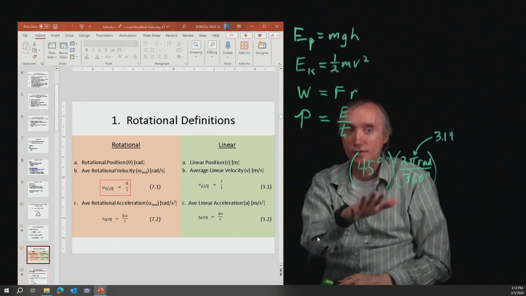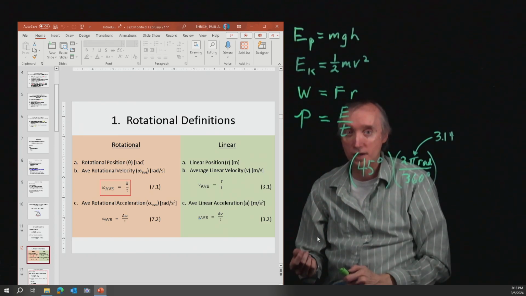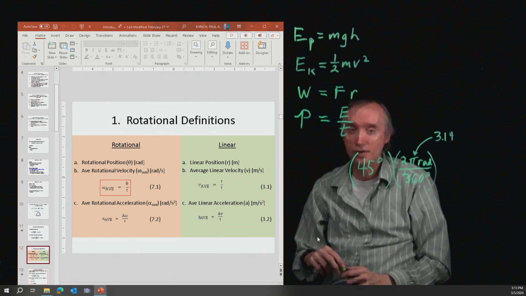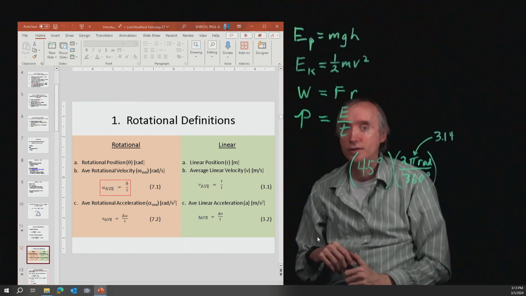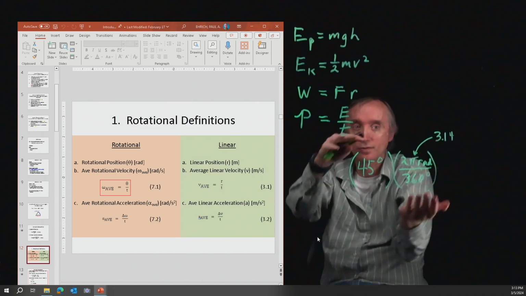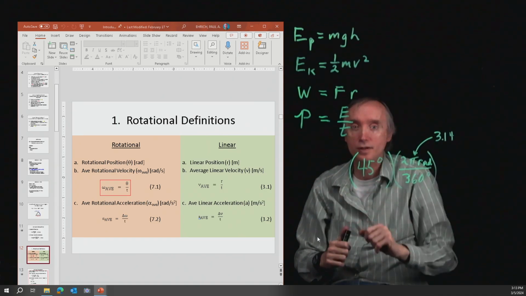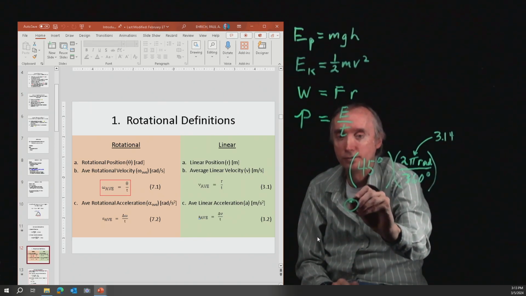Let's take a look at these formulas here. Ignore the stuff that's in green because it's not going to be on the Unit 4 exam. It is going to be on the final, but let's concentrate on what's in the orange area. For something that is rotating, the distance through which it rotates is the angle, and that is given by theta.